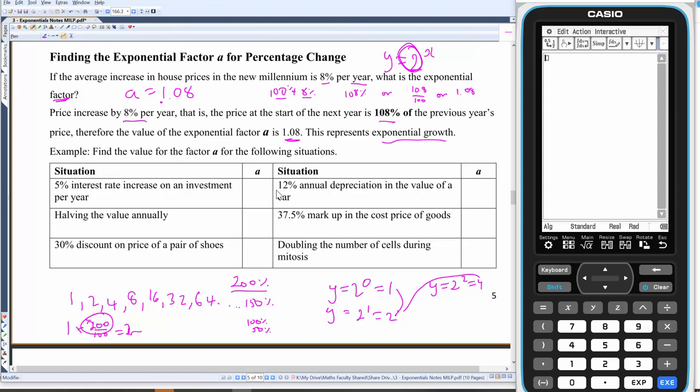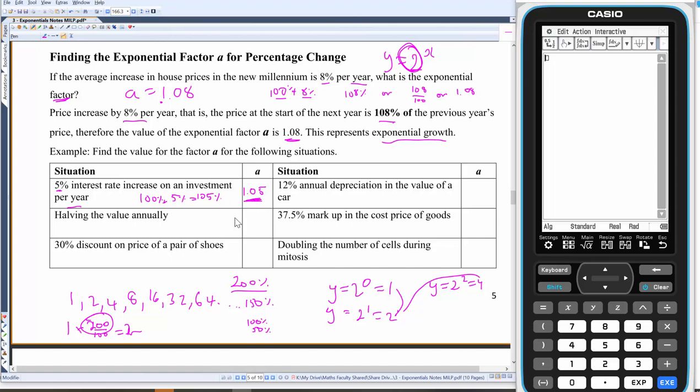Here's a number of situations where we're going to get the A value or try and depict these situations with an A value. So this is a 5% interest rate increase on an investment per year. So if I chuck money in the bank at a rate of 5%, what I'm going to get is all of the previous year's amount, plus another 5%, which equals 105%, which as a decimal is 1.05.